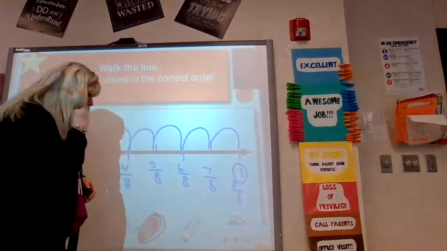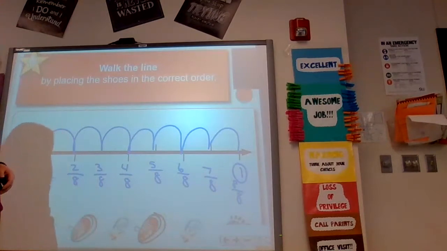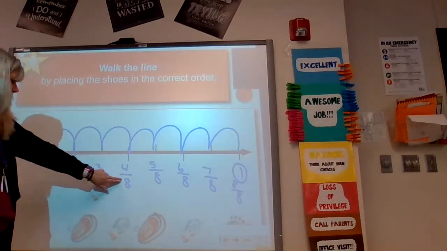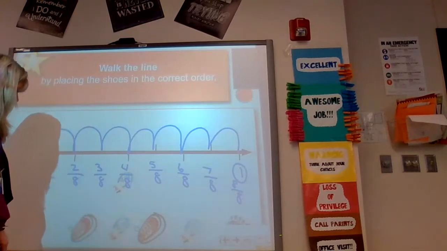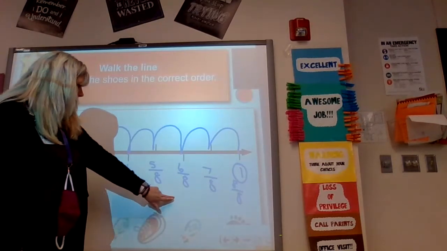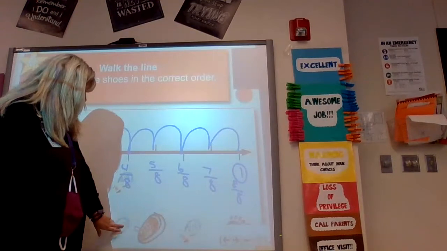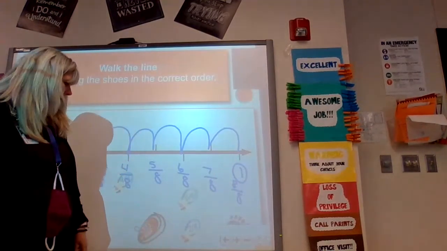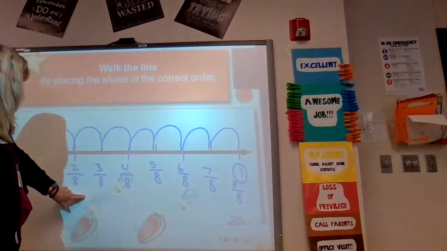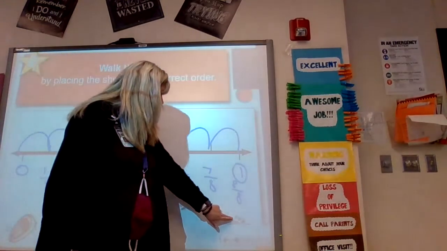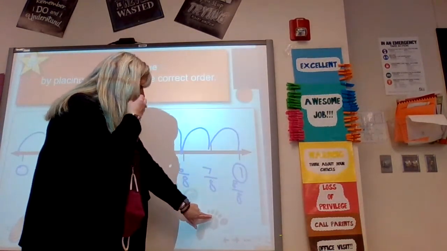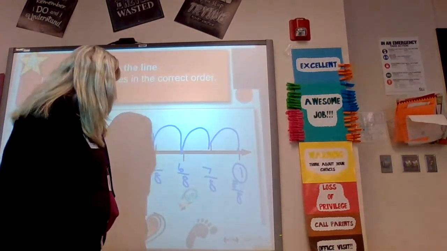So I'm going to go ahead and place my 8s first. So here is 4/8. Here is 6/8. Here is 2/8. And here is, let's see what this one is. Ooh, this is 1/2. Okay.